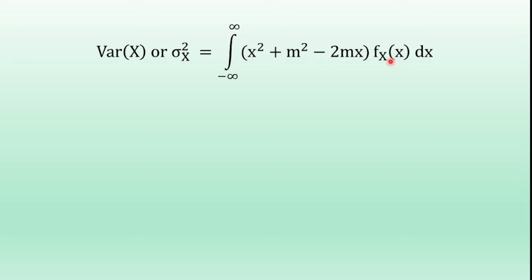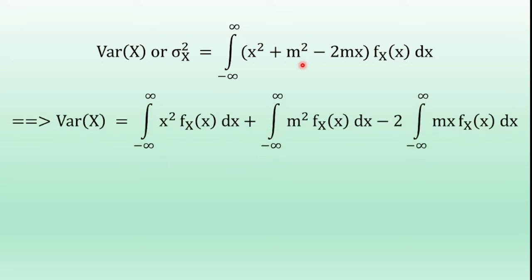Multiplying this density function within the bracket term and applying the integration to each term, we get the integral from minus infinity to infinity of x square fX of x dx, plus the integral of m square fX of x dx, minus 2 times the integral of mx fX of x dx.